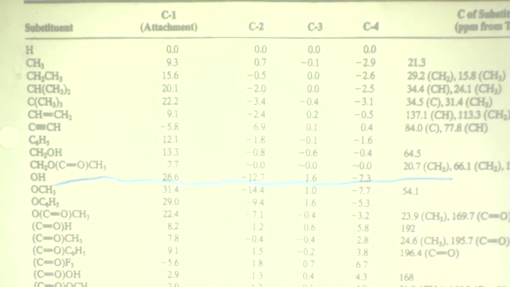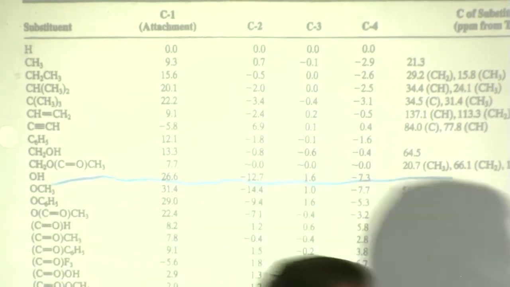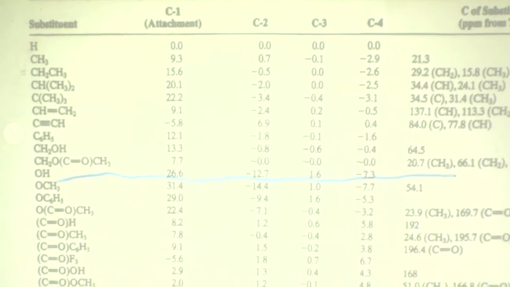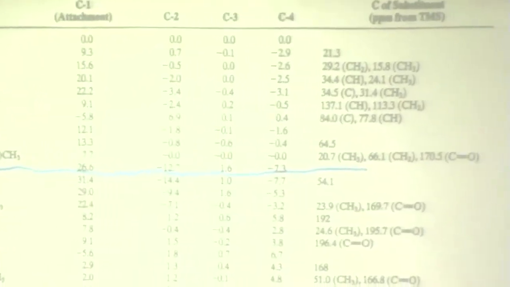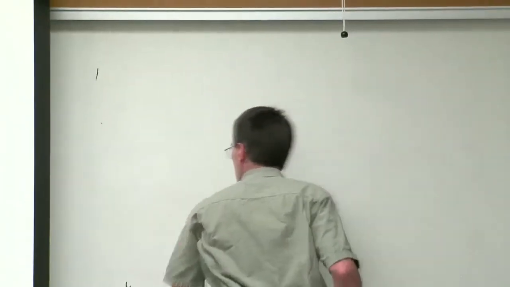All right, let's take a look at the following compound, and then I'll give you two spectra, and I'll show you how we'll use these.